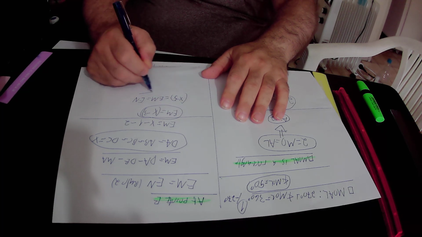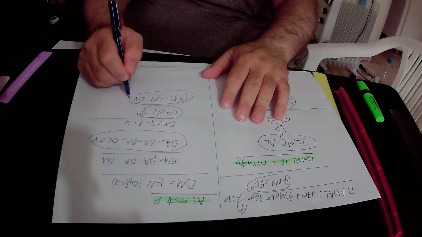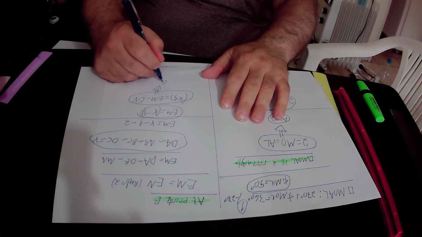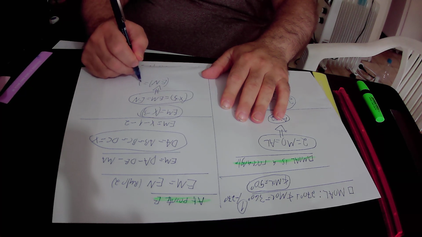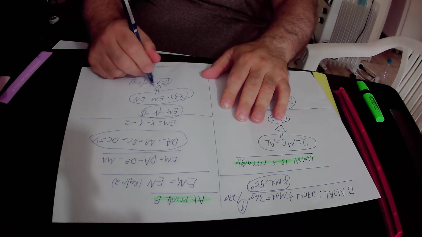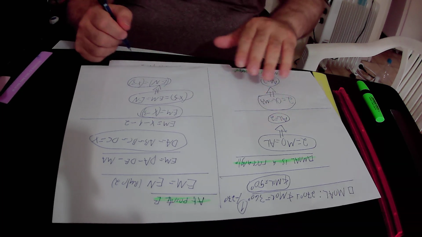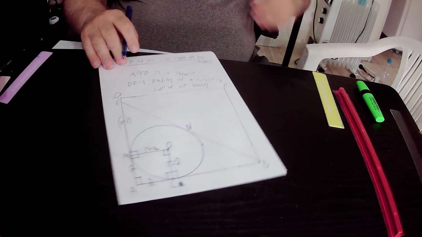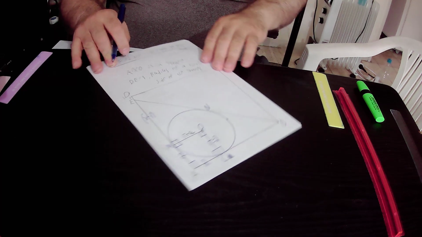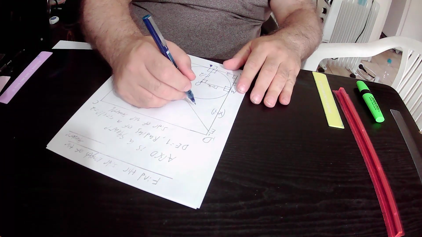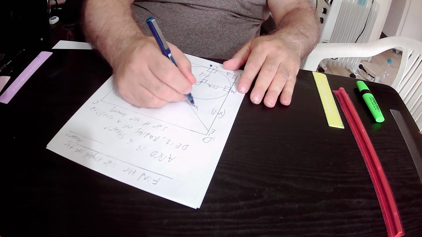And from this equation, x minus 3 equals EM equals EN, we will derive that EN is also equal to x minus 3. You can write down in the drawing that EN equals x minus 3.